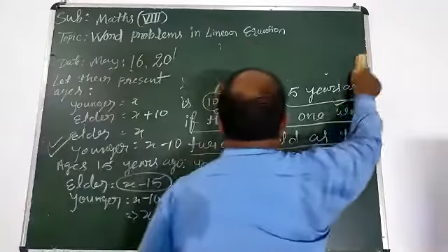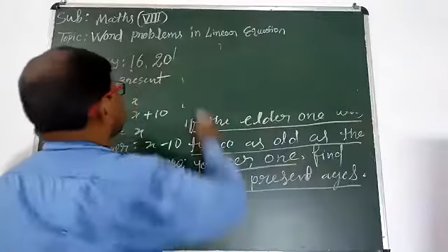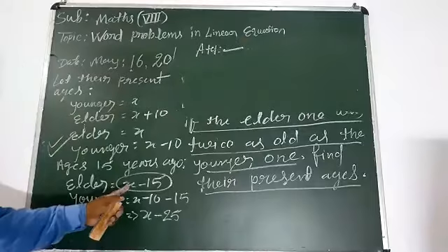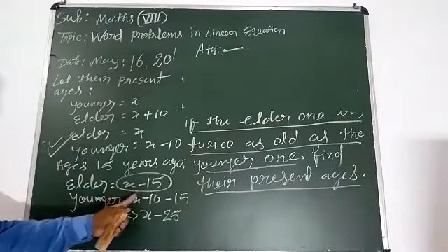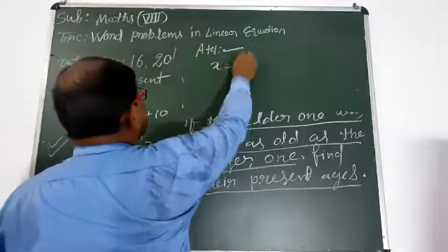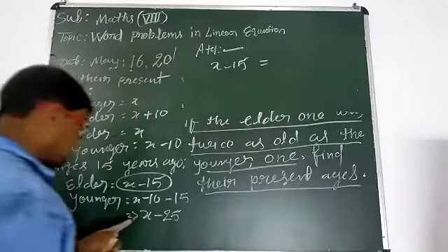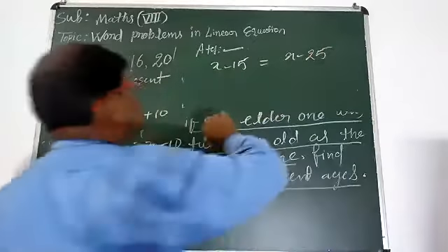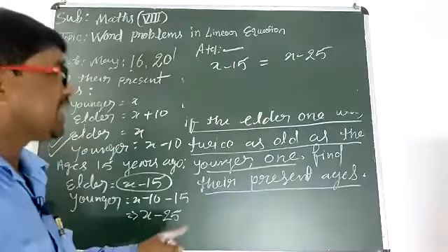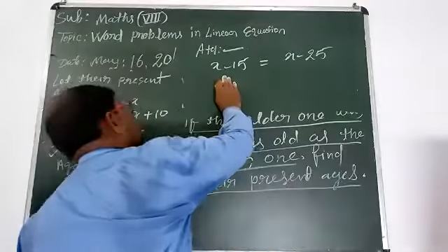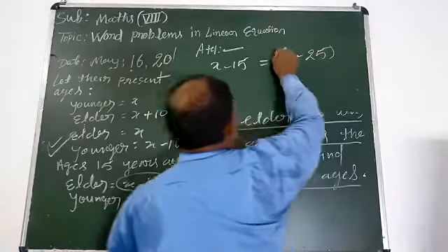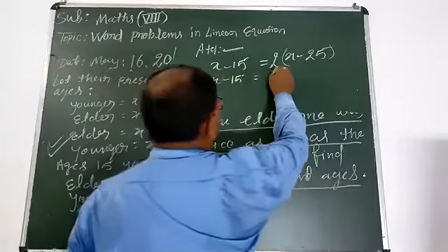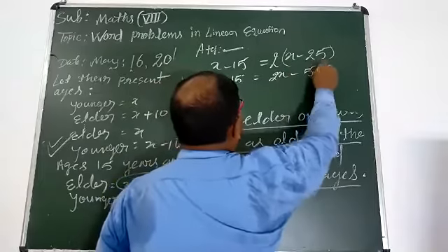So according to the condition, ATQ now: elder one was twice. So x minus 15 equals x minus 25. But these two expressions are not equal, because the elder one was twice. So we should multiply the younger one by 2. Now x minus 15 equals 2 times (x minus 25), which is 2x minus 50.